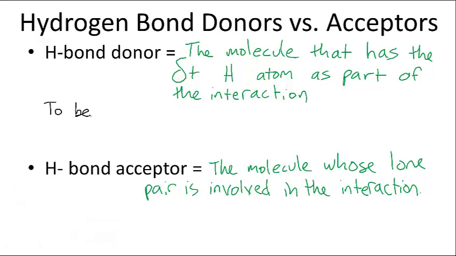All right, so to be a donor, the molecule must have a very partially positive hydrogen. And what does that mean that hydrogen has to be bonded to?